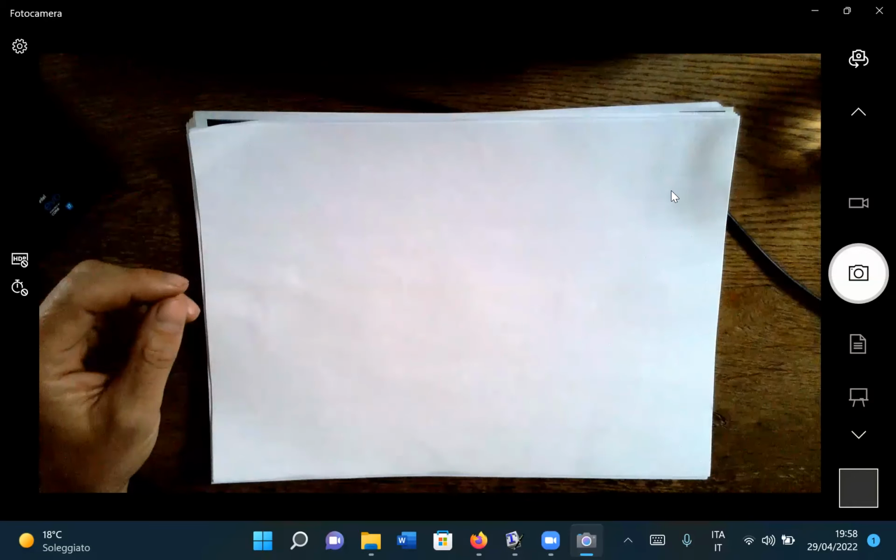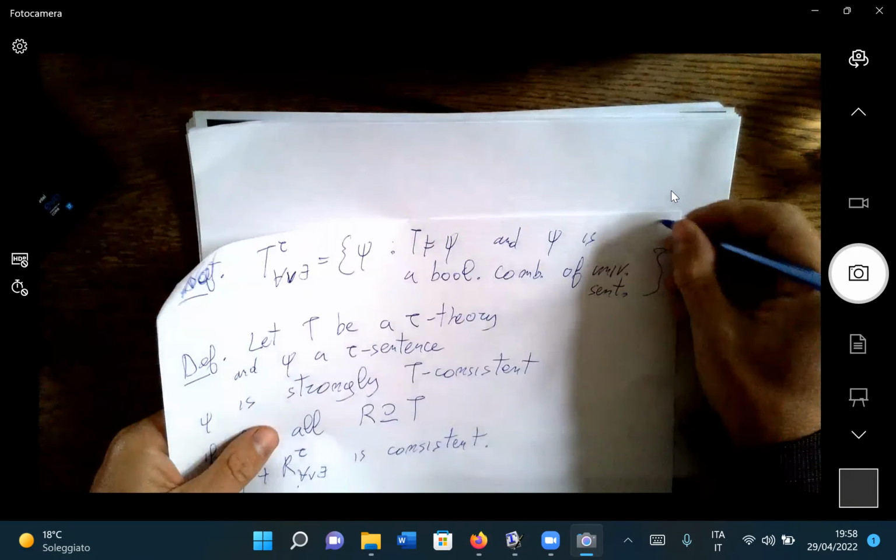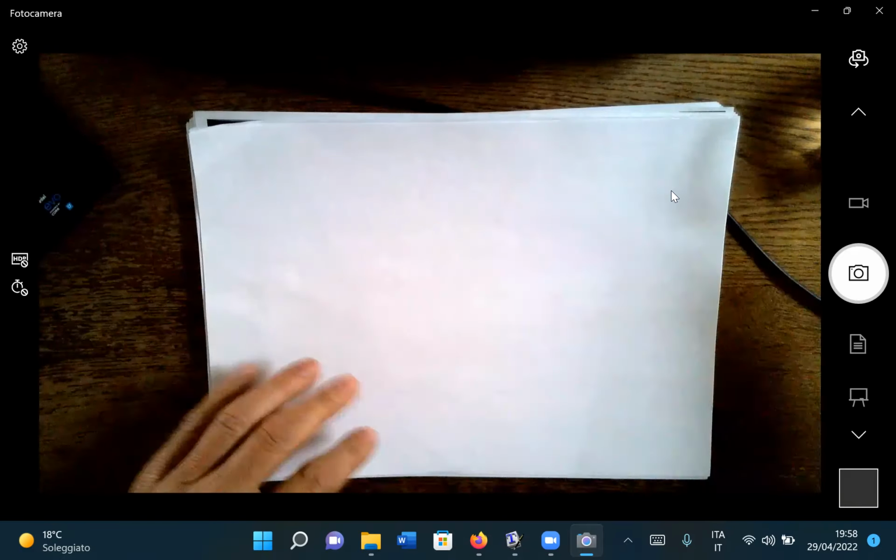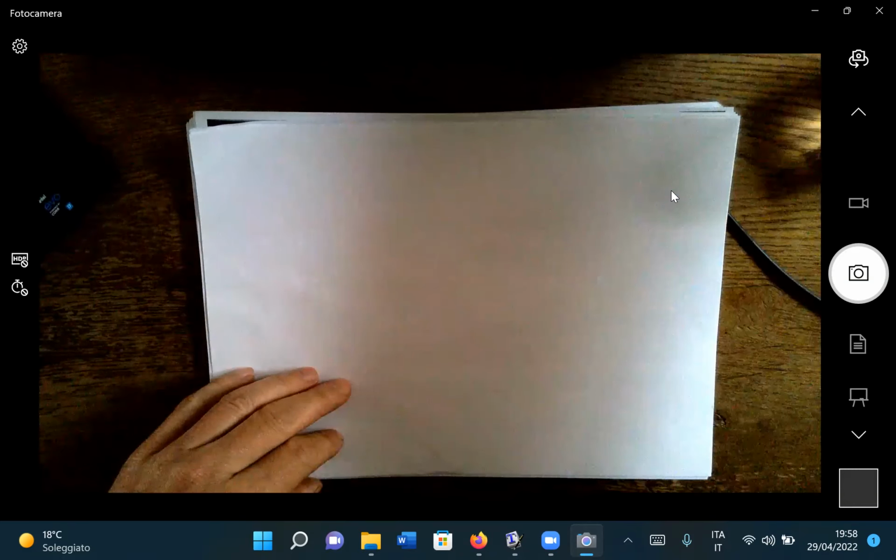Okay, and here is the first another basic fact about strongly T-consistent pi2 sentences.